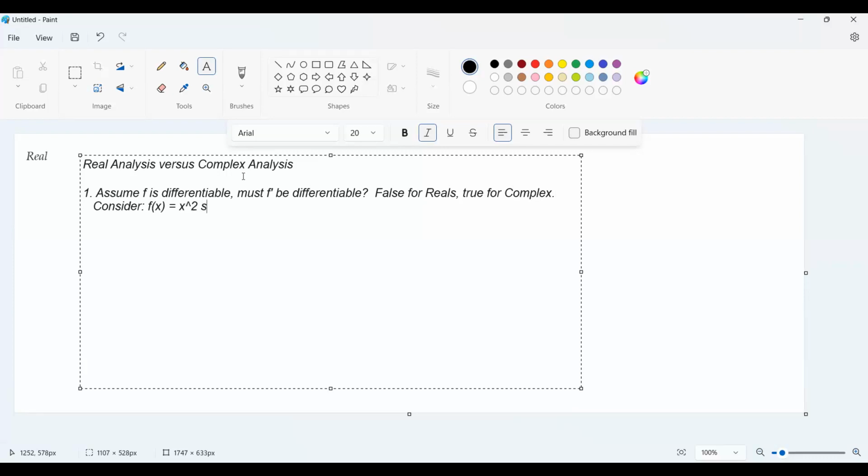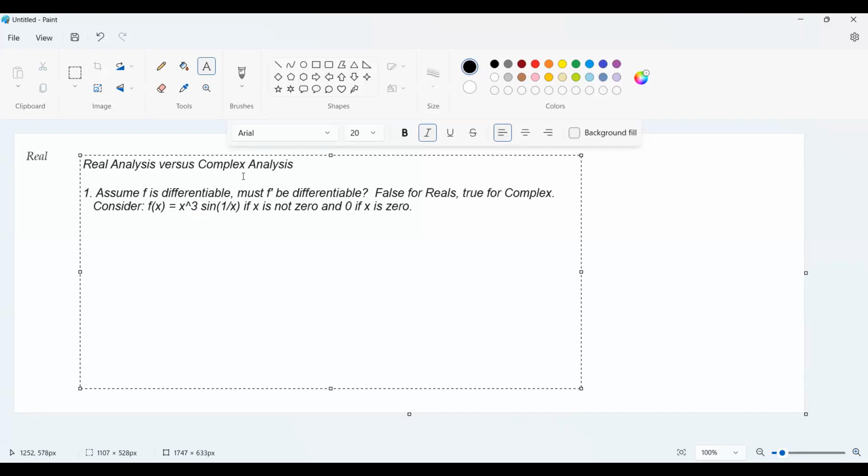So if I give you x squared sine of 1 over x, well, let's see. I think x cubed sine of 1 over x if x is not 0, and 0 if x is 0, should work.